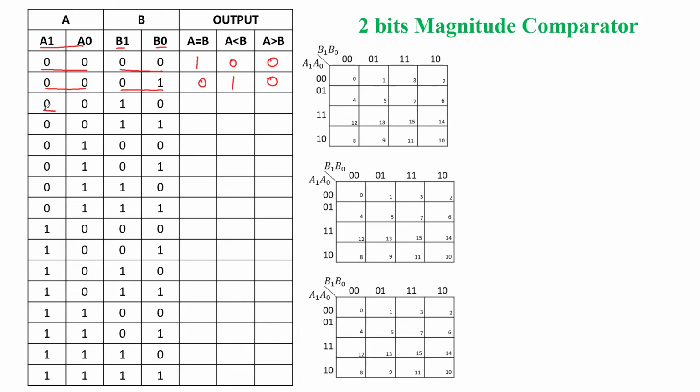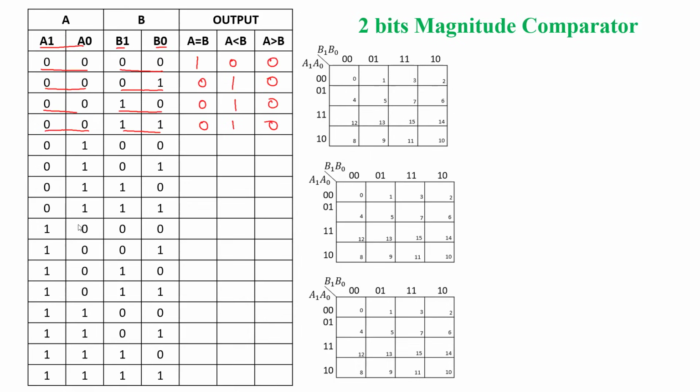Similarly here, A is 0 and B is 2, so again A is less than B. Similarly, in this condition A is 0 and B is binary 1 1, that is 3. So again A is less than B, remaining are 0.